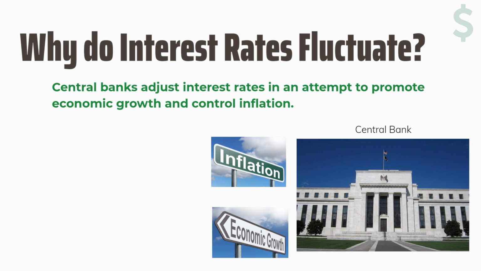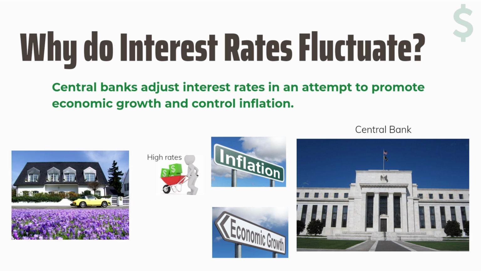For example, if inflation is rising, the central bank may raise interest rates, making borrowing money more expensive, to encourage people to save more and spend less, which can help reduce demand for goods and services. The opposite would be true if the central bank wants to encourage economic growth. They would lower interest rates, making it cheaper to borrow money so people can spend and stimulate the economy.